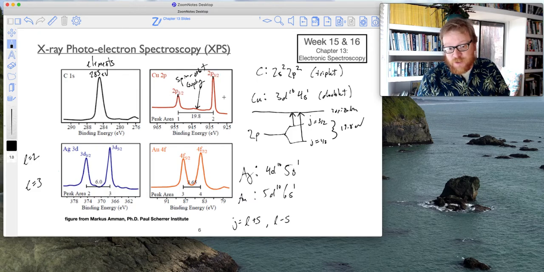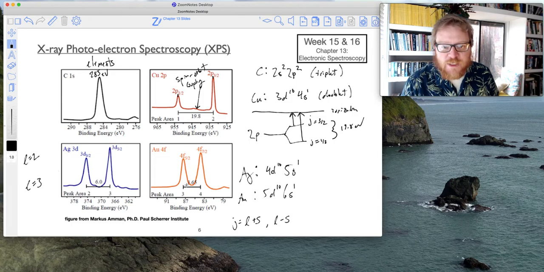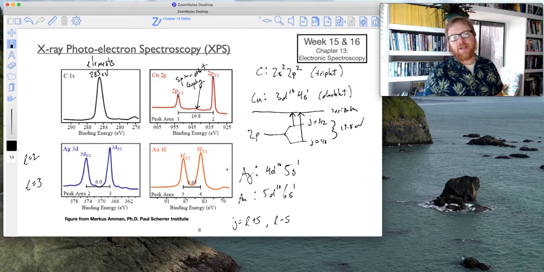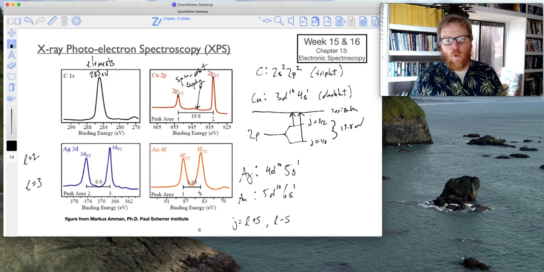So for example, if we saw that it was exactly 19.8, we could definitely say we have copper in our sample. Or if we saw the spin orbit coupling constant of 3.65 with two peaks shaped like this, we could definitely say that it's gold. So that spin orbit coupling constant is a diagnostic characteristic of various elements. Okay.